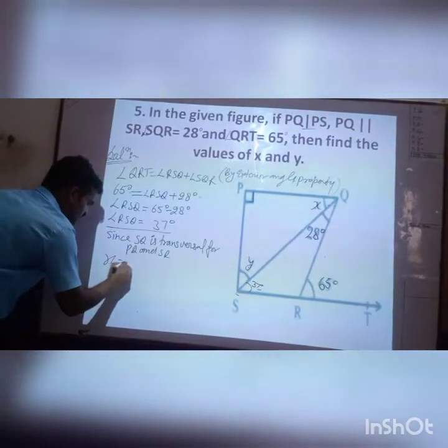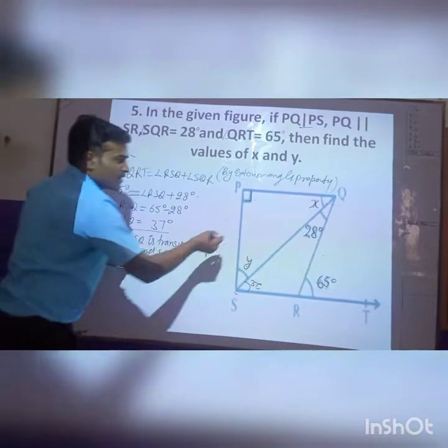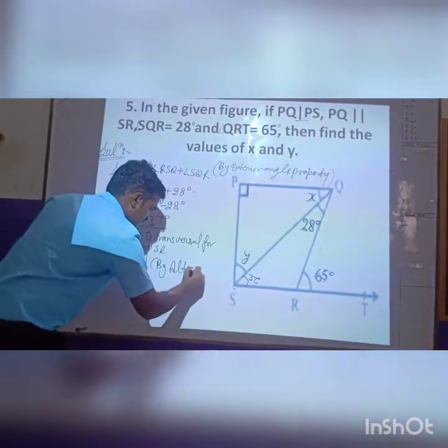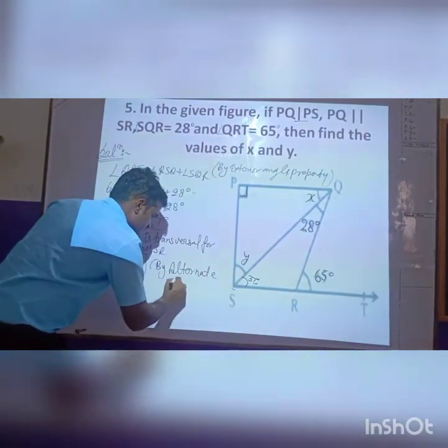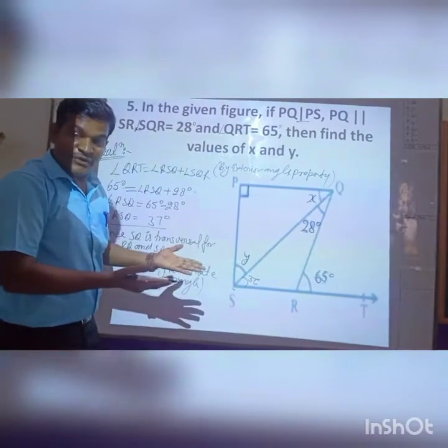So x is equal to 37 degrees. How? By alternate angles. Alternate angles are equal, we know.